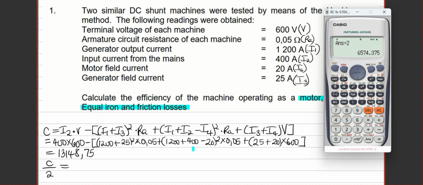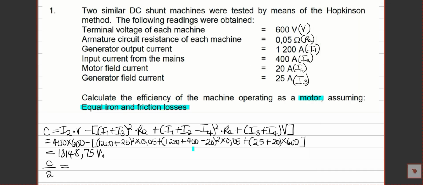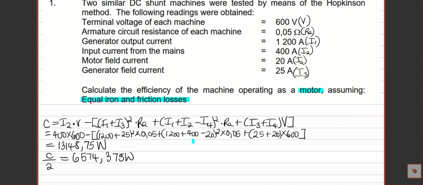So our C value, these constant losses are power values, so they're measured in watts.